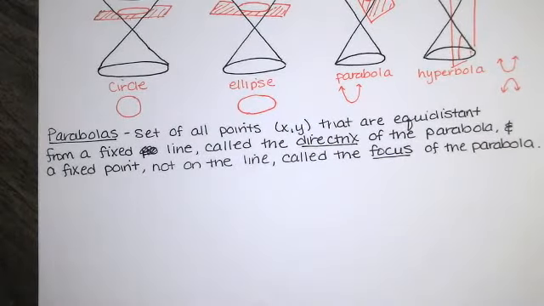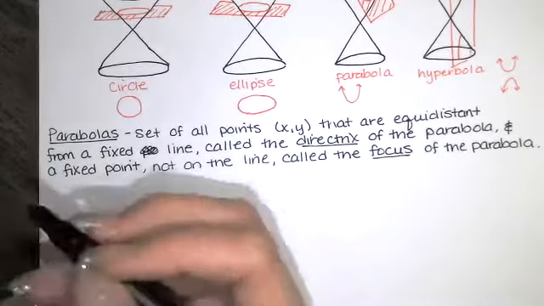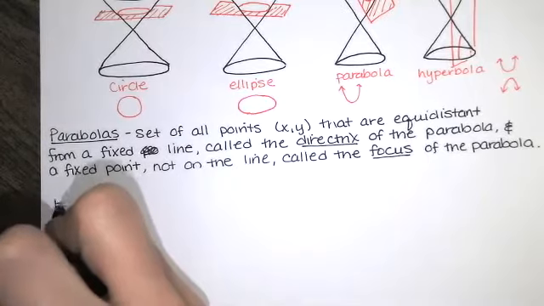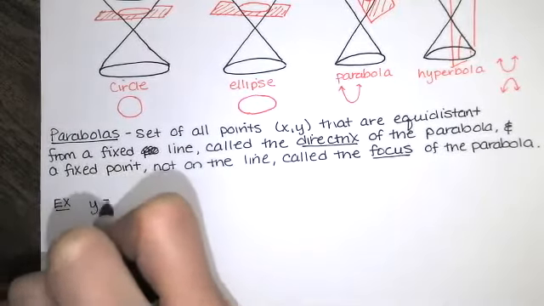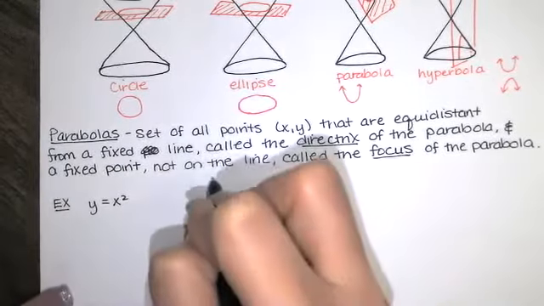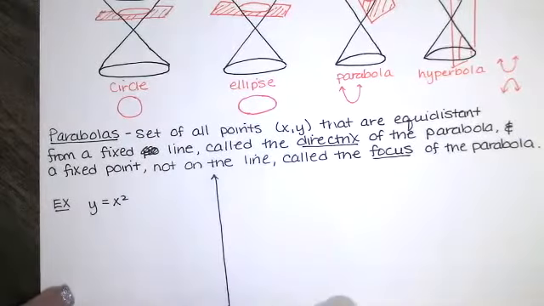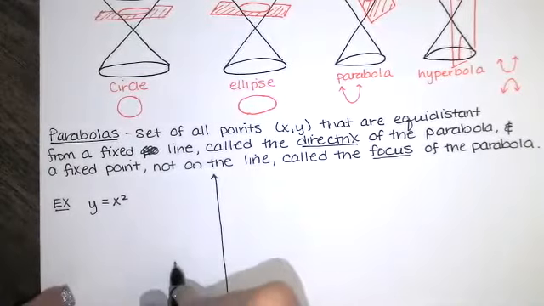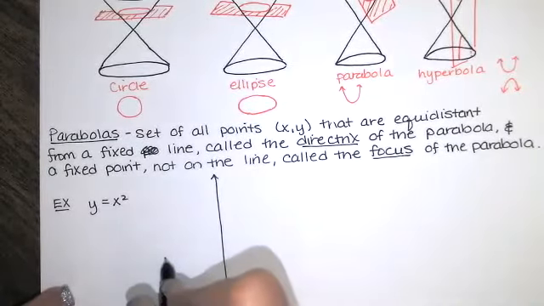If you're familiar with parabolas, you know y equals x squared is a parabola. Let's just draw our standard parabola, our familiar parabola. And I'm going to try to do a decent job for you.